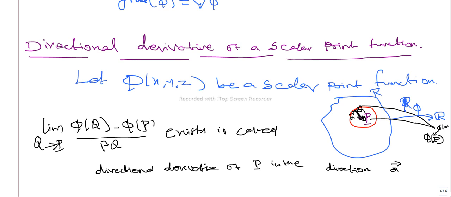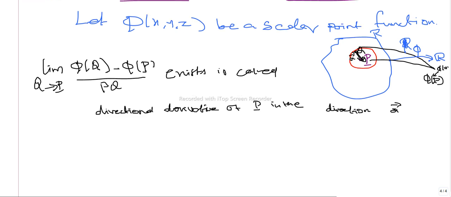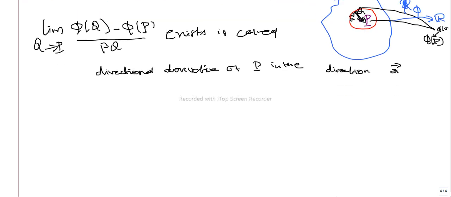Now we have a theorem about the directional derivative of a scalar point function at the point x, y, z in the direction of a unit vector A. It is just del π dot A. So the theorem is enough to check the directional derivative of a function.